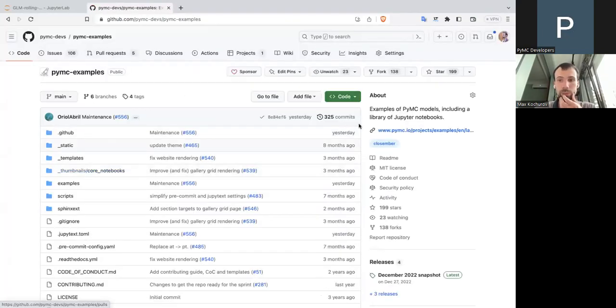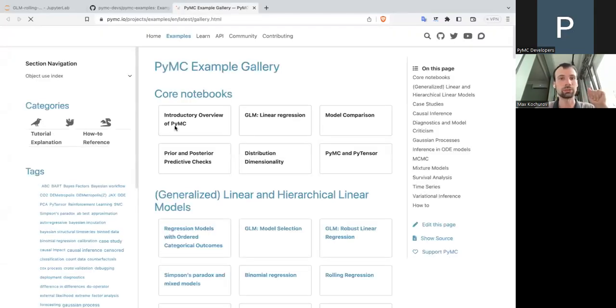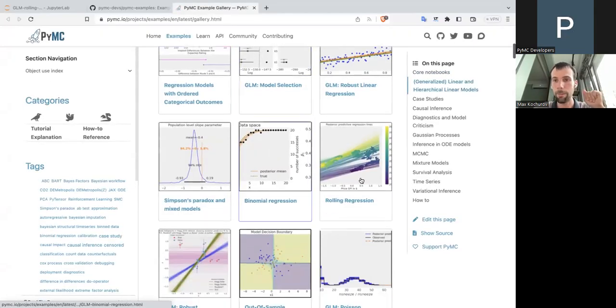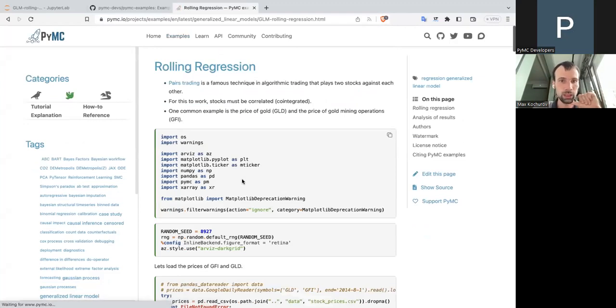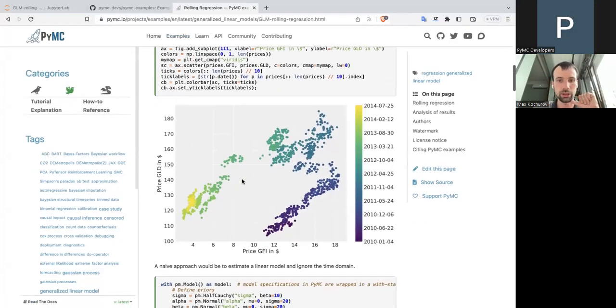So in pymc examples, there is a fascinating case study about rolling regression. You can find it in the gallery. And this rolling regression assumes that you have prices, gold prices, and an index for gold extraction cost, and they are connected.